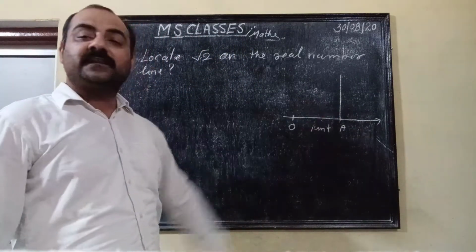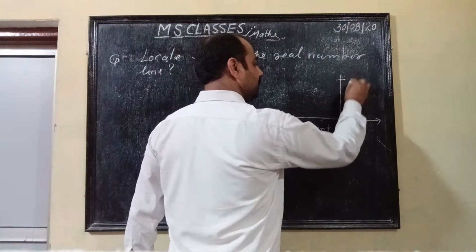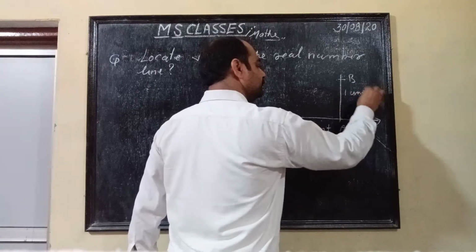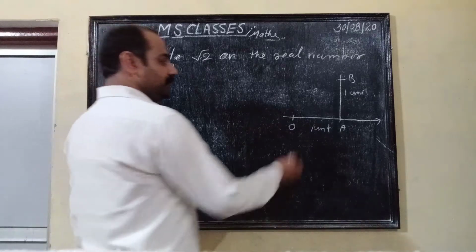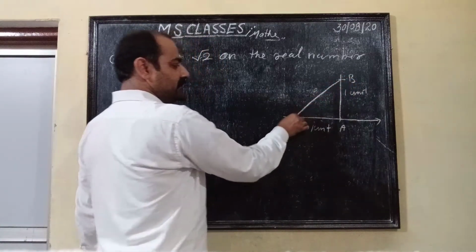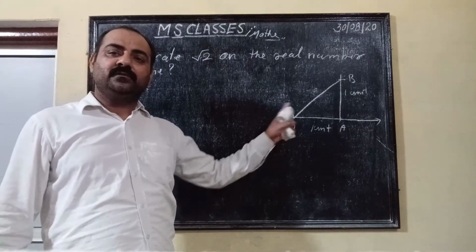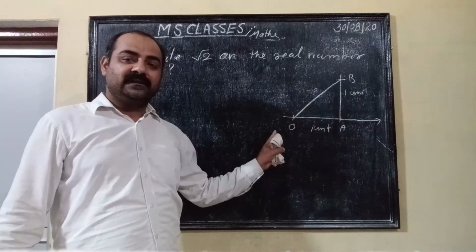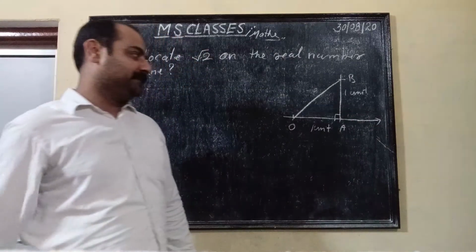This is a 90-degree line, and AB is also equal to 1 unit. So now we join BO. After joining BO or OB, we have a triangle.